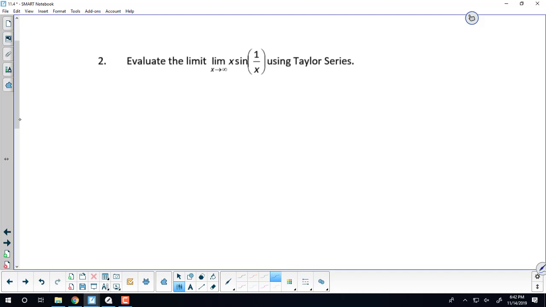Around 0? So we could think about this being centered at around 0 if we did something first. We couldn't just say center it at 0 because it's not going to be accurate as X approaches infinity. I mean, it would, but we would have to have super high order of terms.